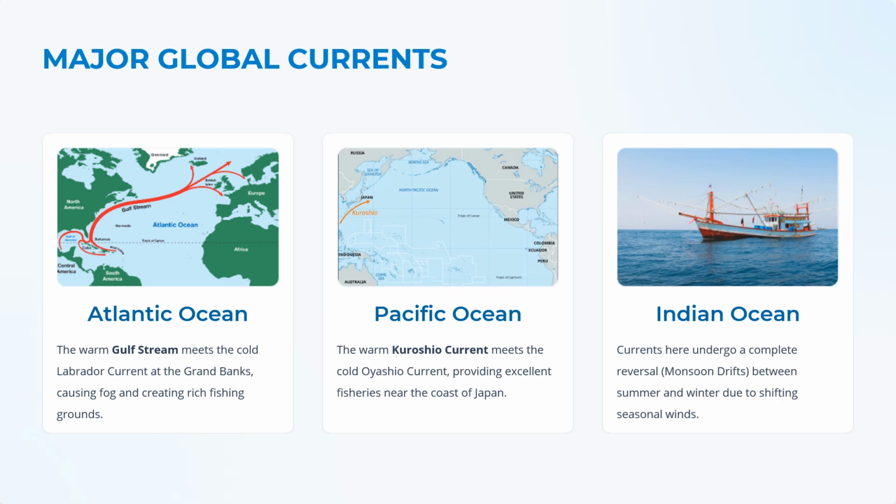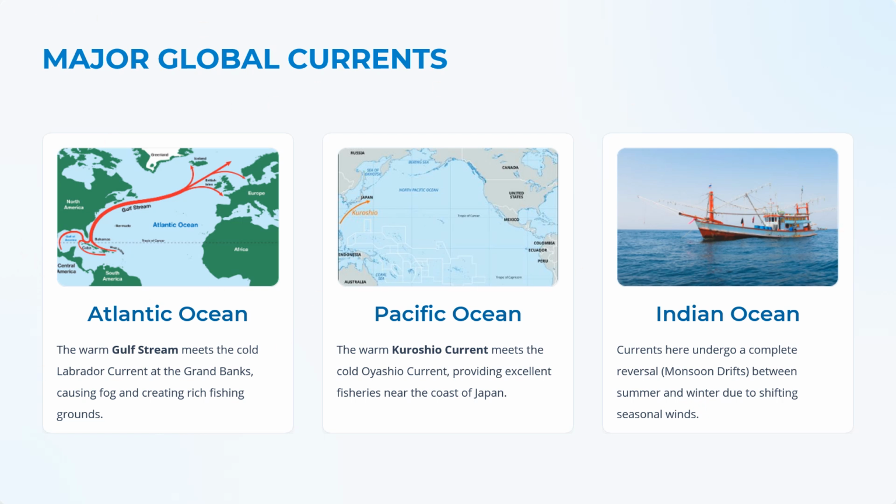They have immense impact on fisheries, right? In the coast of Japan, a huge economy depends upon these currents. And then the Indian Ocean, where the currents undergo complete reversal, that is monsoon drifts between summer and winter due to shifting regional seasonal winds, right? So these are the three major groups of oceanic currents.